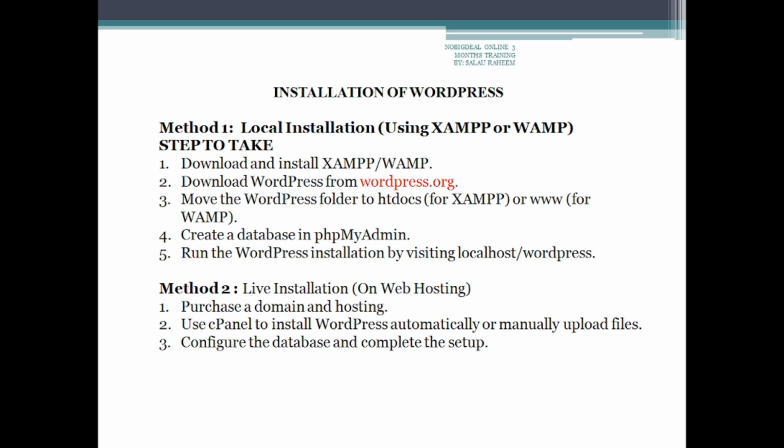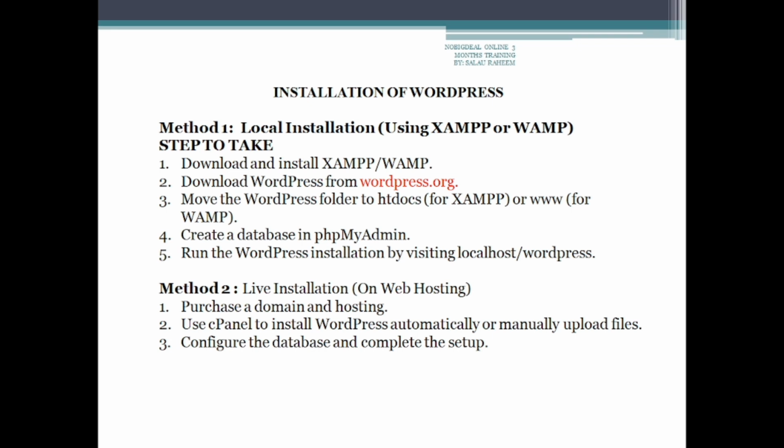Then the second method is live installation, that is on web hosting. What you need to do here, you need to purchase a domain and hosting. That means you are buying a domain. That one is not free. Some domains cost 20,000 to 30,000 depending on the kind of domain you want to buy.